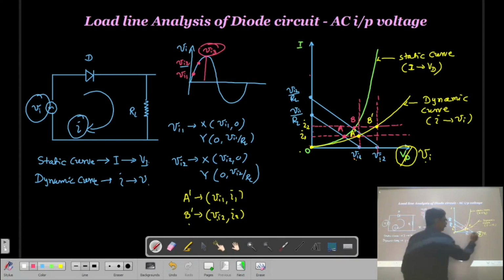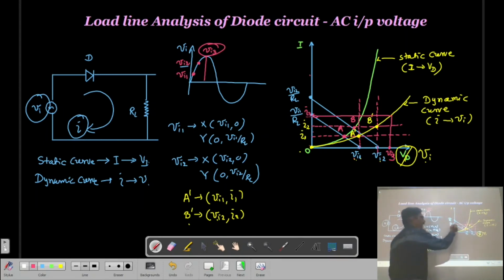Somewhere here my input voltage is VI3. I can just draw a line and find out how much current is flowing. So that is the current I3. So for this VI3, this much current is flowing. Directly you will get the information.